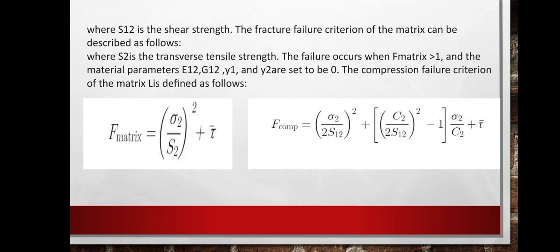The compression failure criterion of the matrix is defined as below. F composite is equal to sigma 2 by 2S12 whole square plus C2 by 2S12 whole square minus 1, sigma 2 by C2 plus tau.